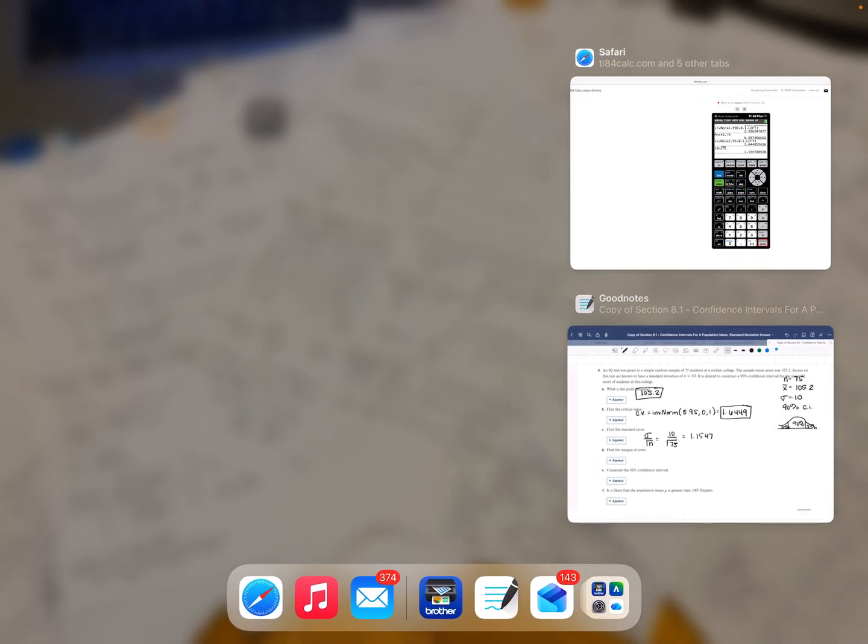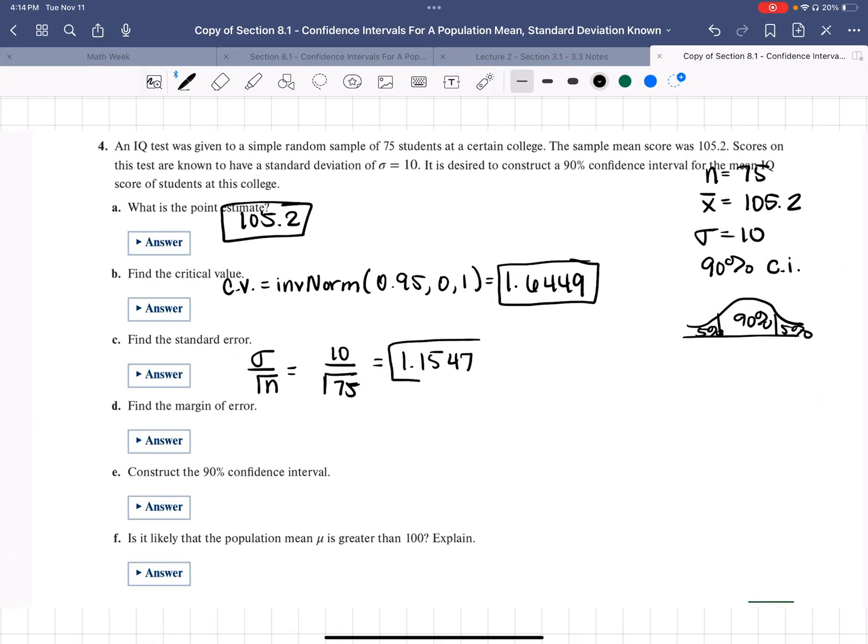Okay. Now I'm ready to find the margin of error. I think I'm hungry, guys. That's going to be my critical value times my standard error. Okay, my critical value is 1.6449, and we're going to multiply that times 1.1547, and that will give me 1.8994.